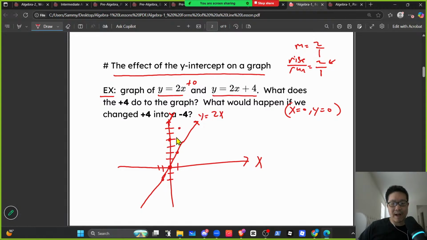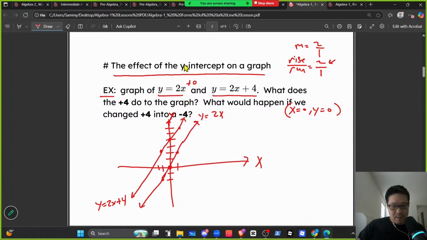I can't extend this graph to the right more because I don't have any room, so I'm going to extend this graph to the left. I'm going to do the opposite: move down 2 and to the left 1. Then I'm going to draw a line. So there's our 2 lines. So this is y equals 2x plus 4.